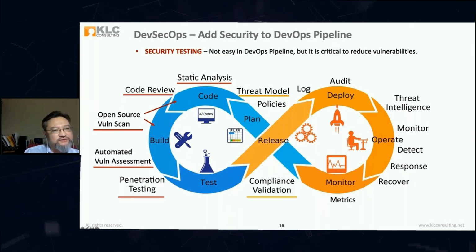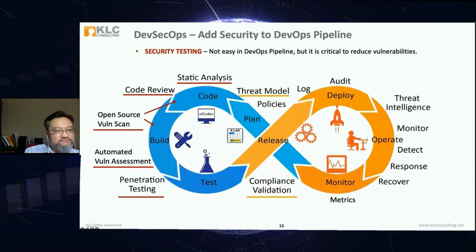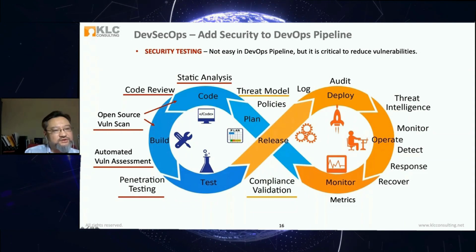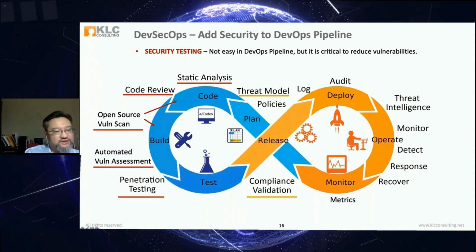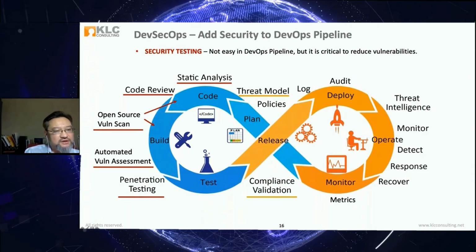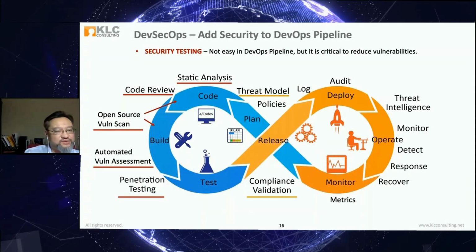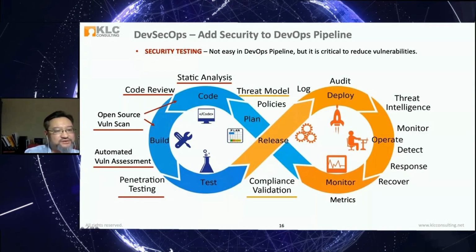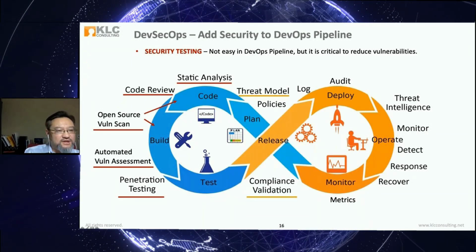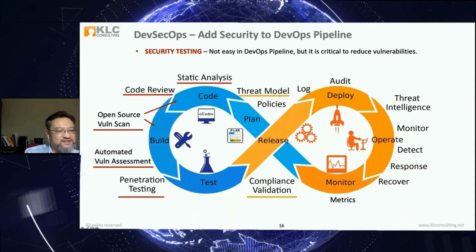Then there's a code review, either peer code review or automated secure code review tools. Right, and that's probably during the build. We are going to have open source component vulnerability scans during the development and also during the build, to catch them.